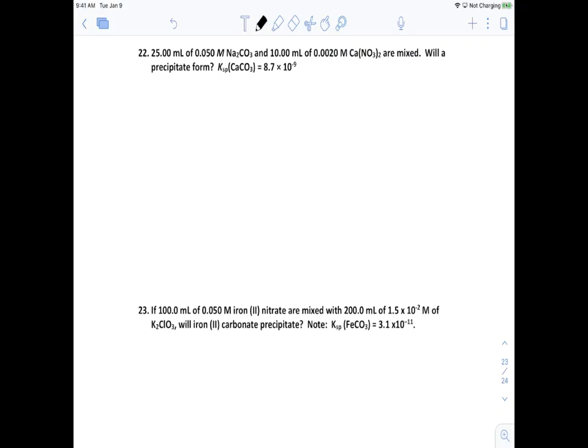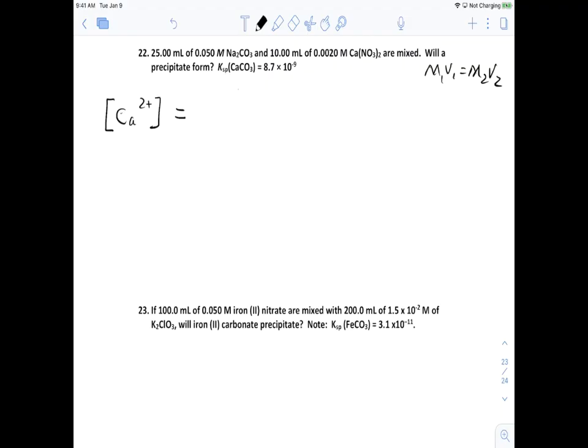What you need to figure out are the concentrations. We're going to need the calcium and the carbonate concentration, and each of these is being diluted. So for calcium 2 plus, I'm essentially doing the dilution equation, M1V1 equals M2V2. You start off with 10 milliliters of 0.002 molar calcium nitrate.